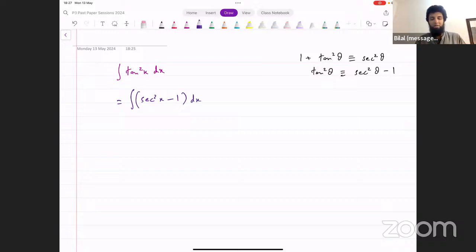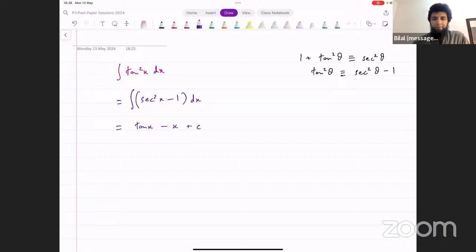Now, what's the integration of secant square? The derivative of tan is secant square, so the integration of secant square is tan. So this becomes tan x. And then the integration of 1 is x. That's how you integrate tan square x. Okay, so it's just a two-step thing like this.